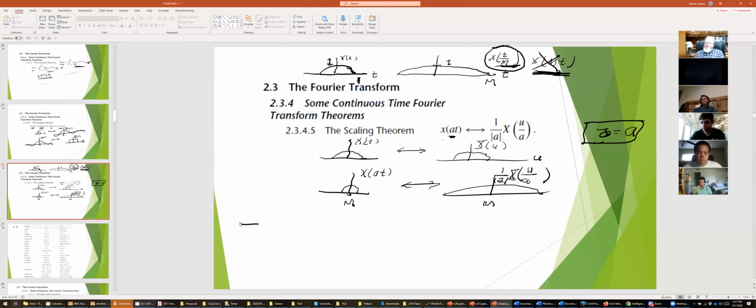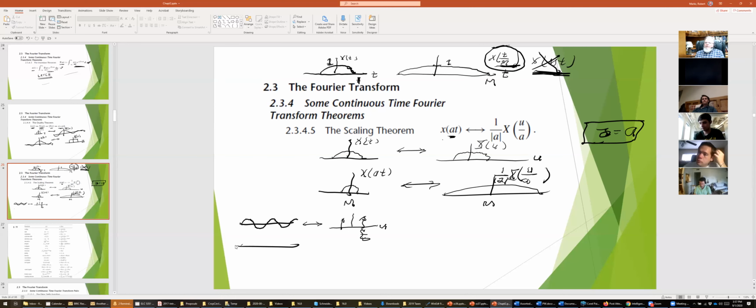We know this intuitively also, because we have a sinusoid, and we know that the sinusoid has a Fourier transform. We don't know this yet, but it has a Fourier transform at some frequency, say f naught, as a function of u.